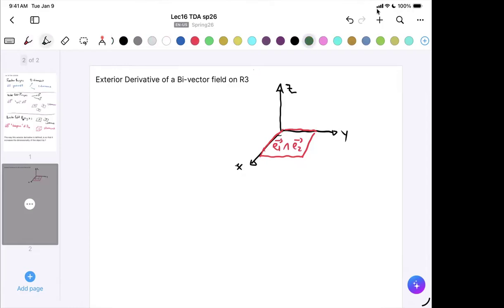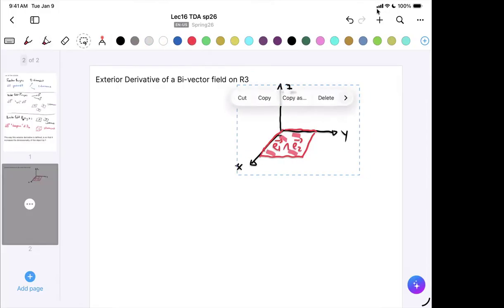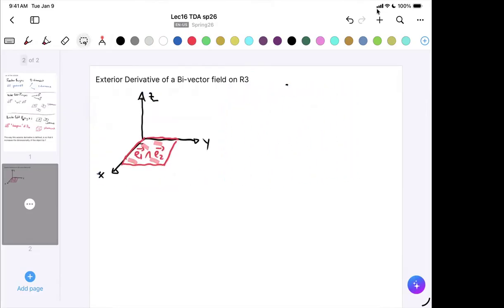So that's one of the basic ones. The second one lives on the YZ plane and is this blue one. You can write it as E2 wedge E3, which is like i wedge k.